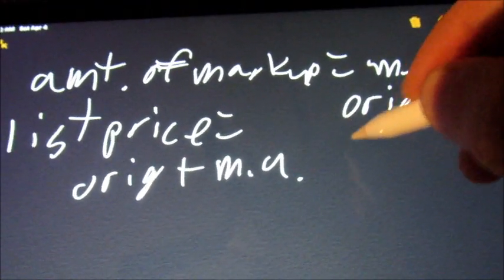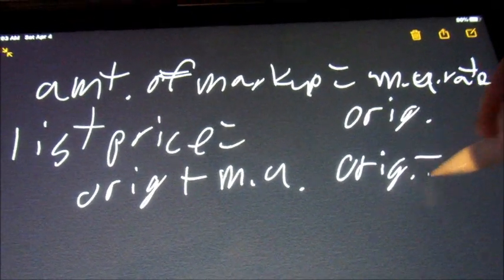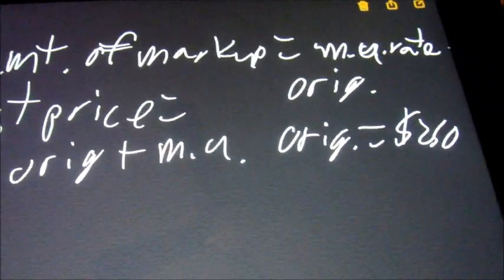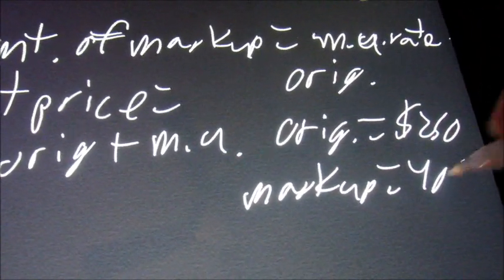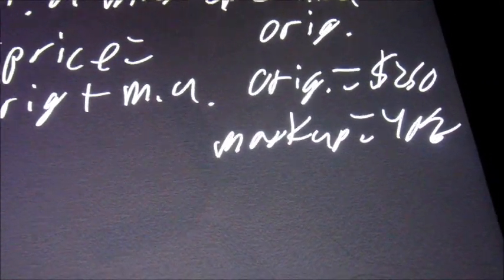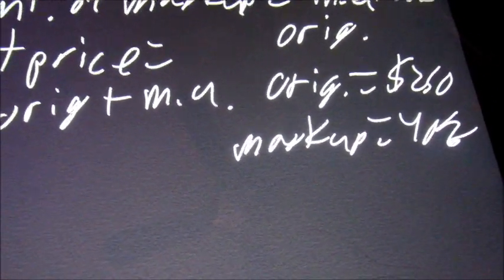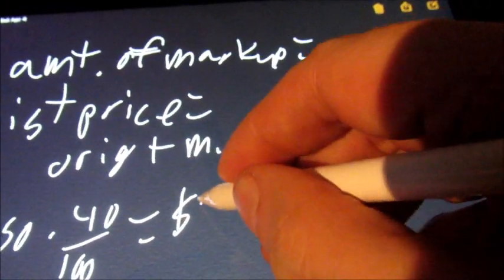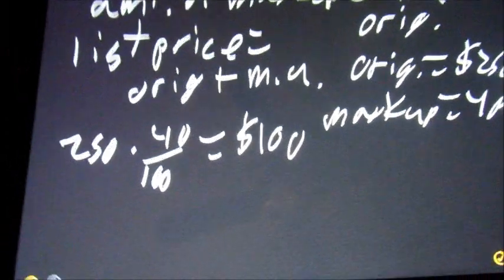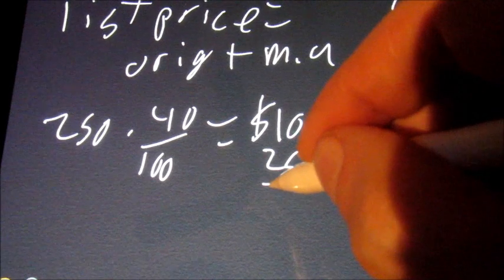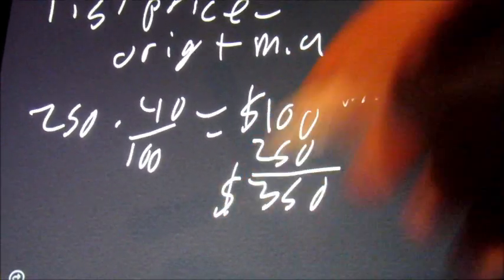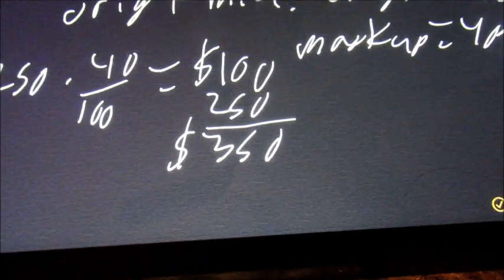So let's say that something originally cost $250. The markup is 40%. We want to know how much we're going to pay. So we have the 250 times 40 over 100, and that's going to equal $100. So that's what the markup is. We add that to the original, which is 250, and we get that the list price is going to be $350.